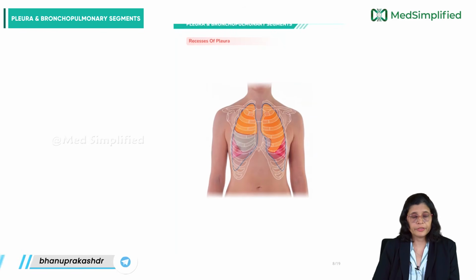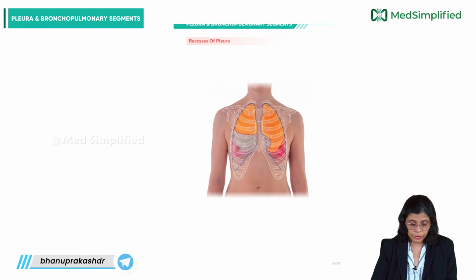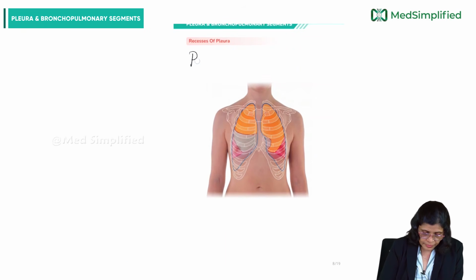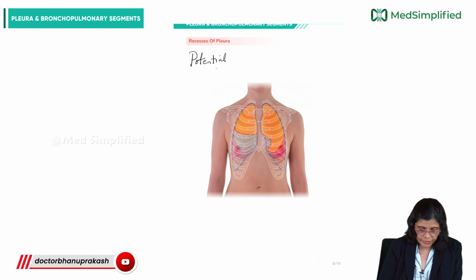Next important thing which you have to know in regards to the pleura is the recesses of the pleura. Normally the space between the parietal pleura and the visceral pleura is just a small potential space filled with a thin film of serous fluid, about 5 to 10 ml.